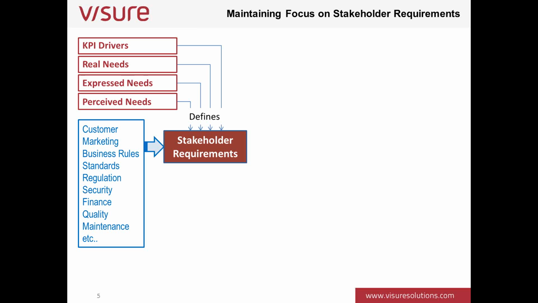This is the real part where initial requirements management comes into play. You've got to look at what are the real needs, expressed needs, and what are the perceived needs of those stakeholders. And you've got to make some sort of sense out of that to work out what is real, what makes sense, and what is technically feasible to actually develop in your system.